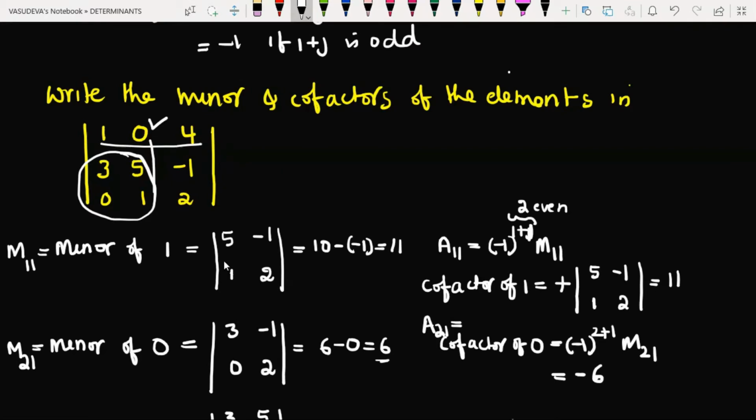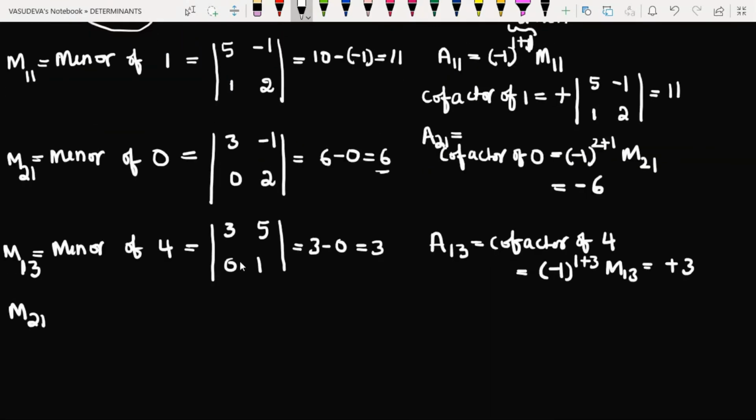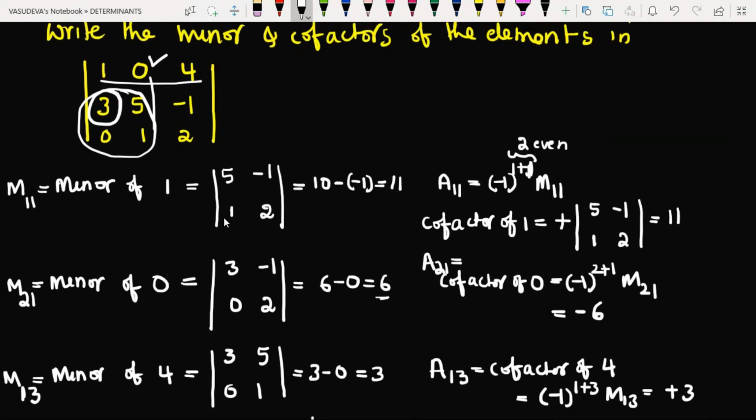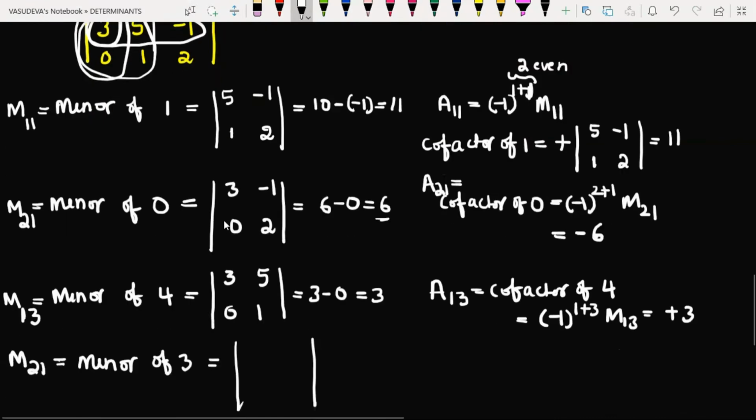So M21 we can write as the minor of element 3, which is equal to the determinant leaving the elements of the second row and the first column. So we have the elements 0 4, 1 2.